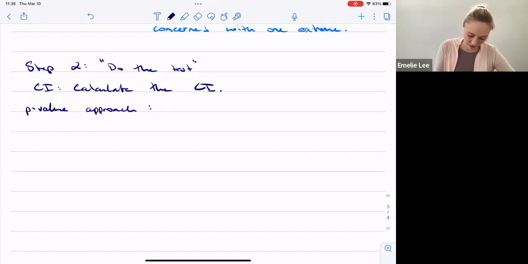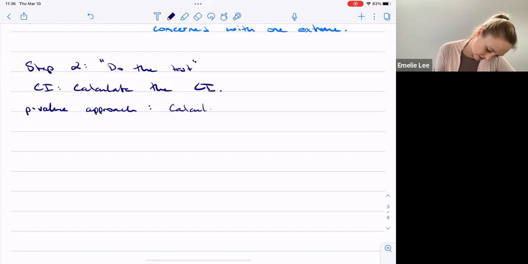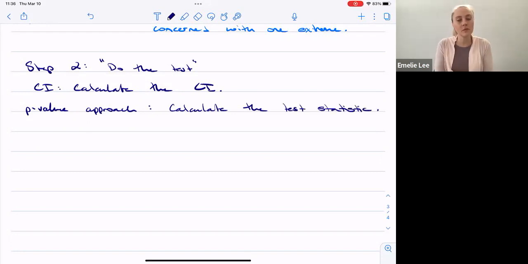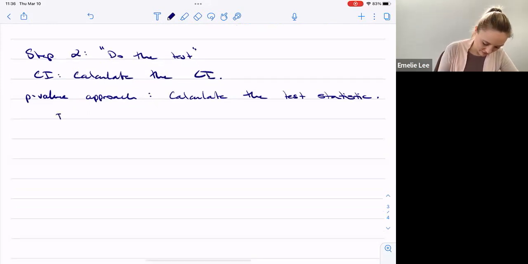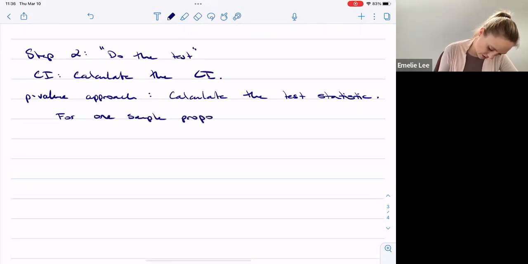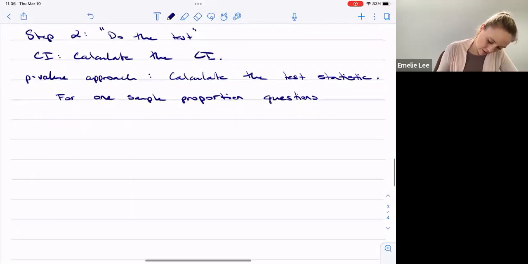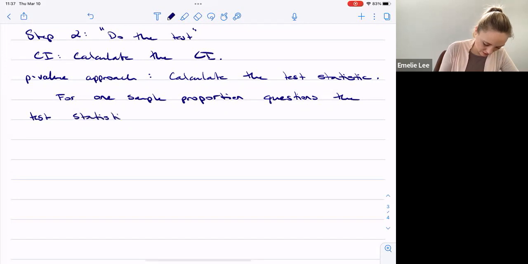So in general, we're going to calculate the test statistic. For one sample proportion questions, the test statistic is a z-score.